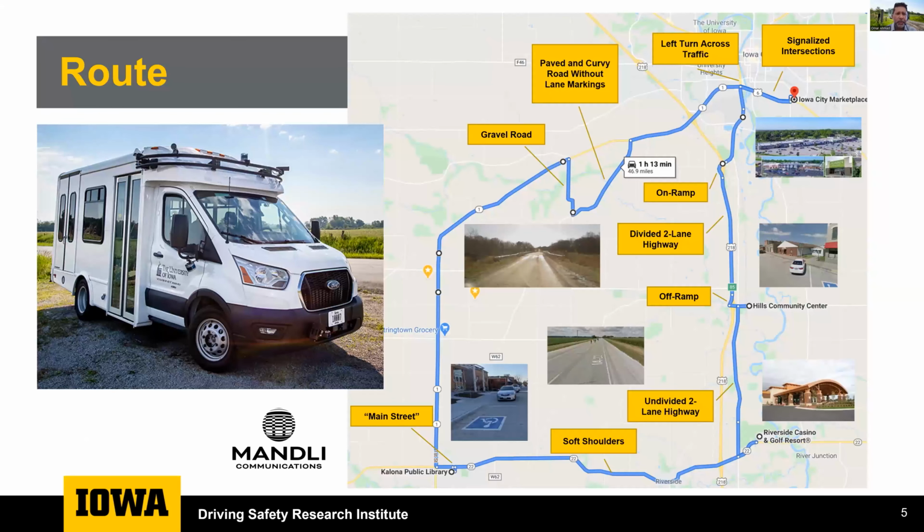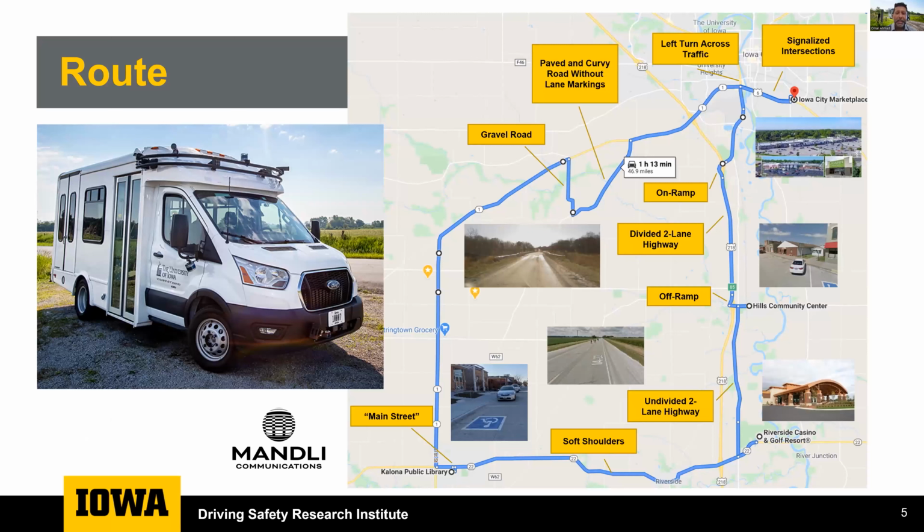The vehicle we're utilizing for this project is a Ford Transit. This vehicle is driven on a 47-mile route through 4 communities in Iowa. This route has been specifically chosen to have as much diversity in terms of types of rural roadways as possible. Of course, we have a small interstate portion and rural highways, but we also have city streets with different types of intersections, and roadways with different types of lane markings and no lane markings at all.